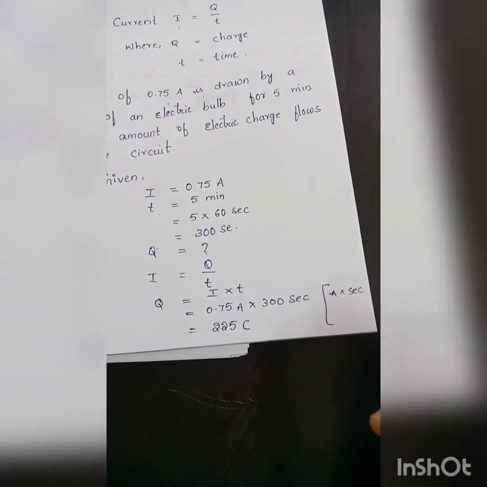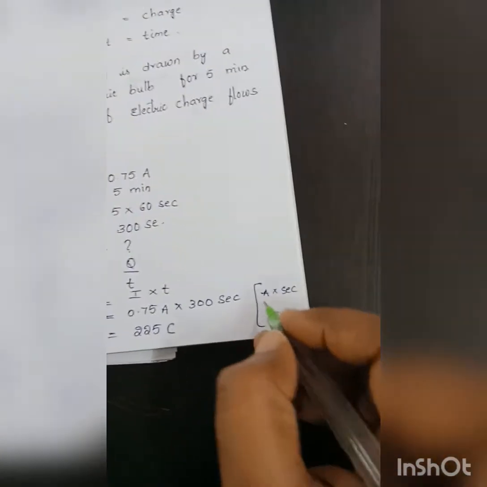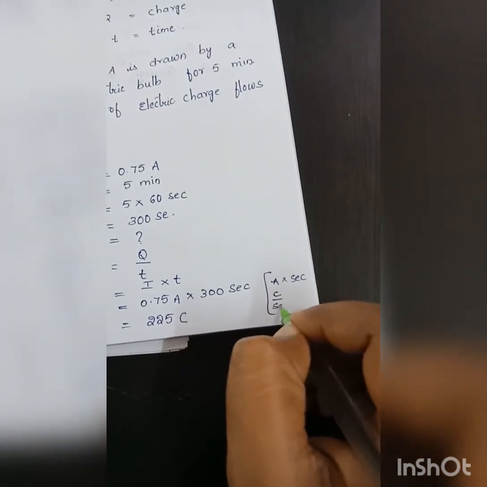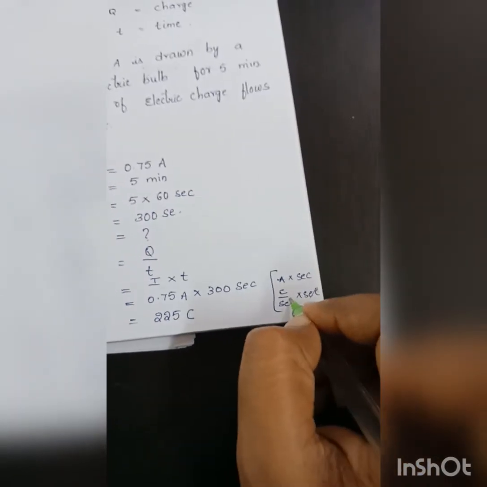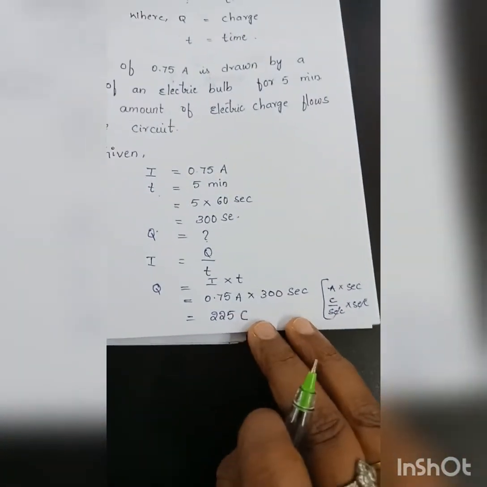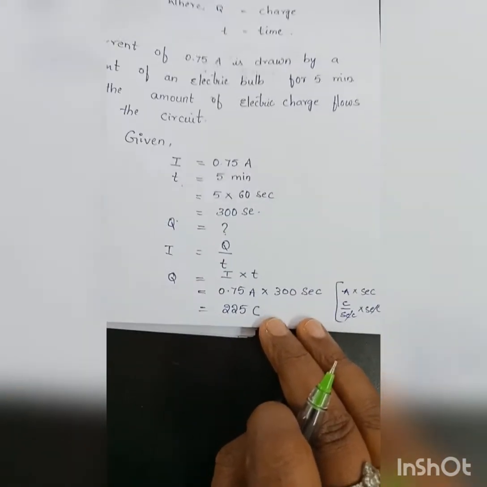Ampere is the unit of current, that is coulomb by second, into second. Here second and second get cancelled. What remained at the end? Coulomb. That's the reason Q equals 225 coulombs.